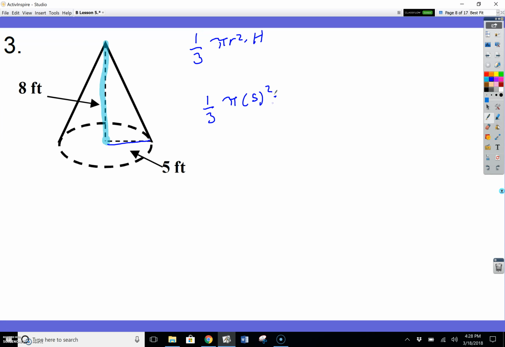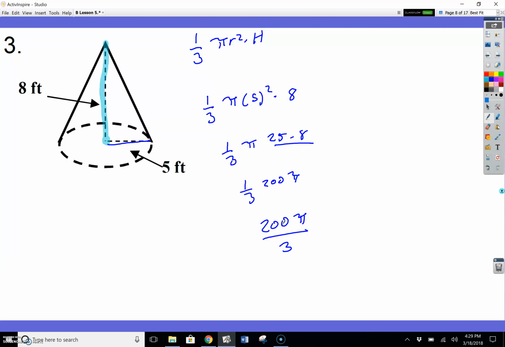That's going to look like 1/3 pi times 25 times 8. And when I multiply these two, I'm going to have 1/3 times 200 pi. Then when I multiply one more time, I'm going to have 200 pi over 3.